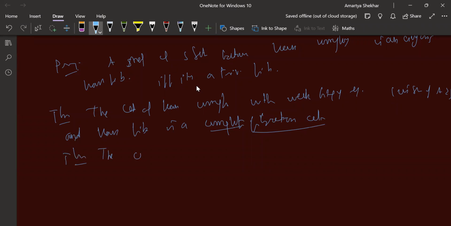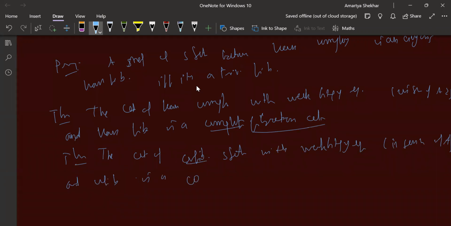Similarly, the category of cofibrant simplicial sets with weak homotopy equivalences in the sense of A4 and cofibrations is a cocomplete cofibration category.